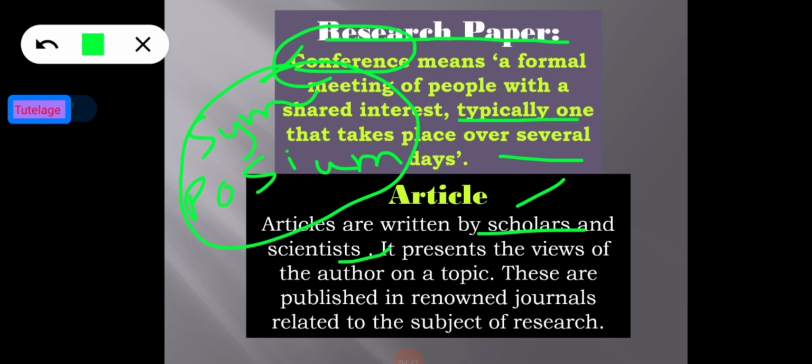Articles are published in renowned journals related to the subject of research. Obviously these are not subject to evaluation, whereas a term paper is subject to evaluation and grading, and has to be submitted by the end of the term.